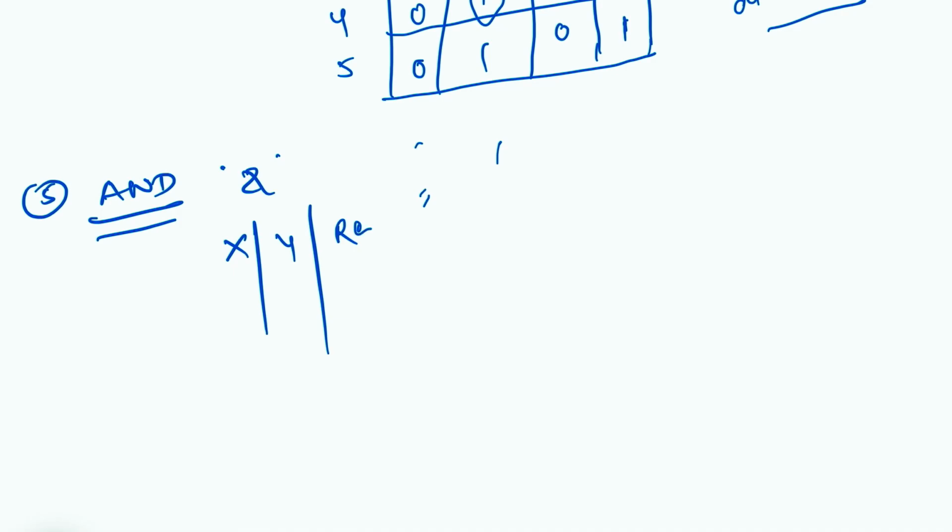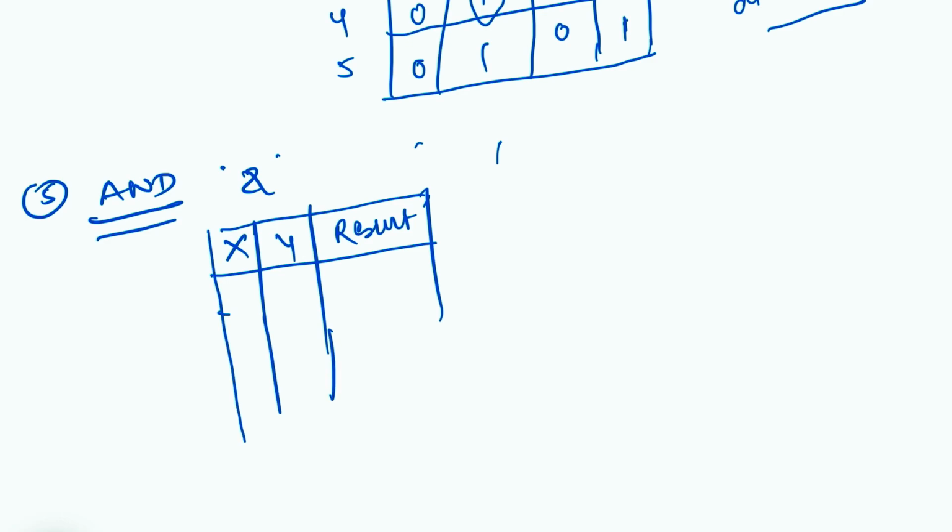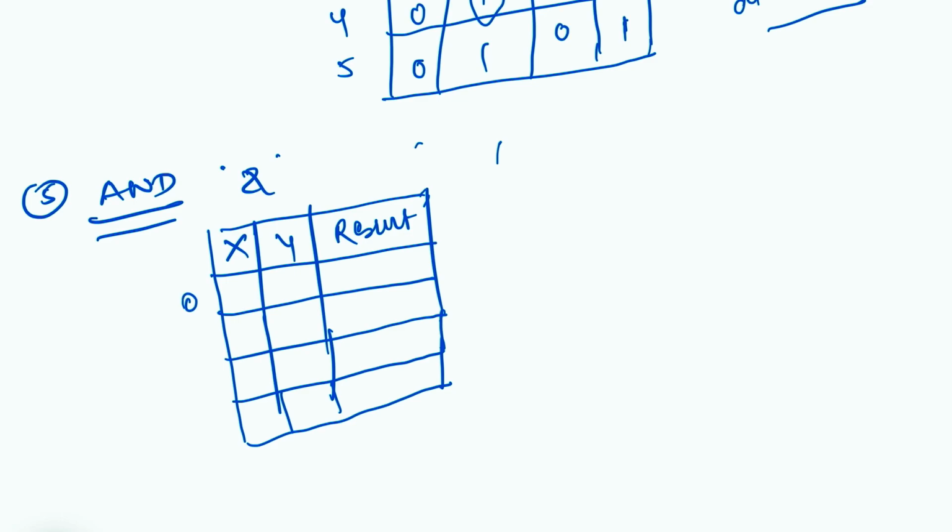Suppose the inputs are 0, 0, 0, 1, 1, 0, 1, 1. The AND operation works on the 2 bits: 0 and 0 is 0, 0 and 1 is 0, 1 and 0 is 0, and 1 and 1 is 1.